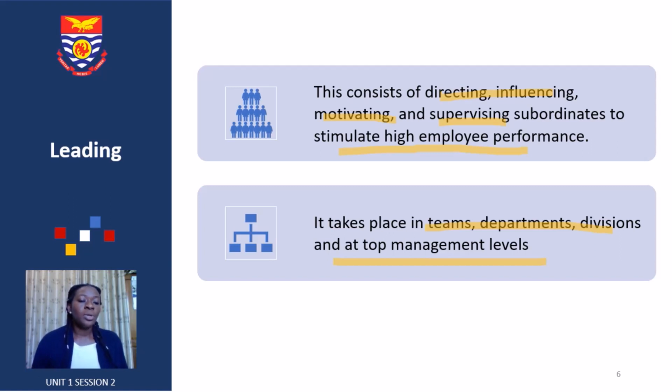Leading, because we can't do things just as individuals. We need to be able to coordinate our activities in teams, and then have a bigger picture, which is the department, and then sometimes they have divisions. Some organizations may not. As we go, we get to see the various types of organizations as well, and ultimately at the top level as well.